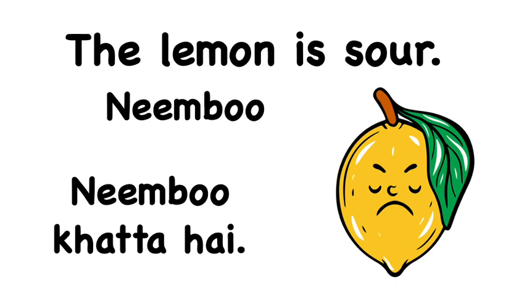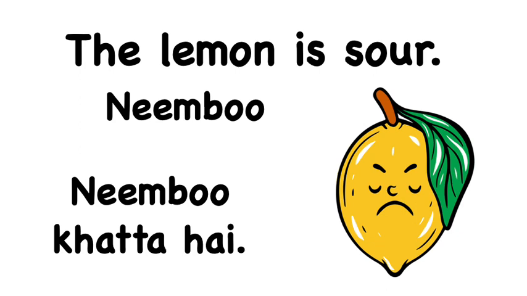Because lemon is nimbu and khatta is sour. Nimbu khatta hai. Now remember what I taught you in class. There's no the in Hindi. So whenever you see a the word, you just make it vanish. It just goes away because there's no the in Hindi. So we just start with the word nimbu.